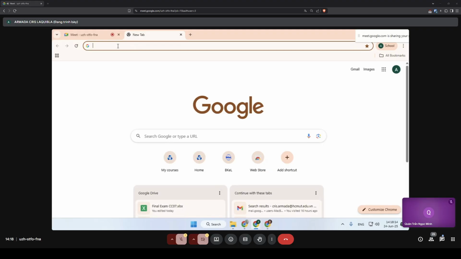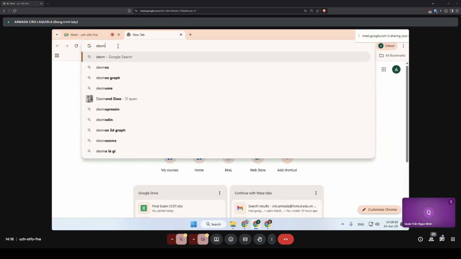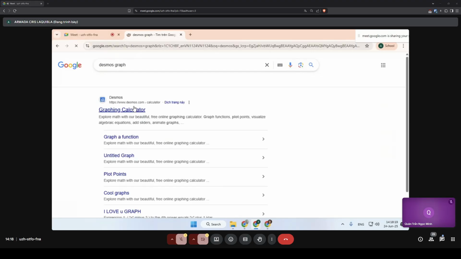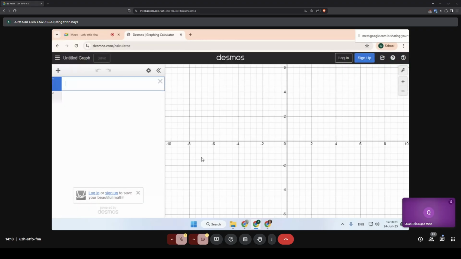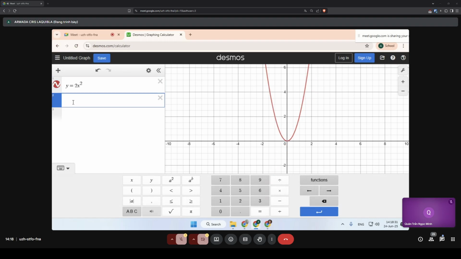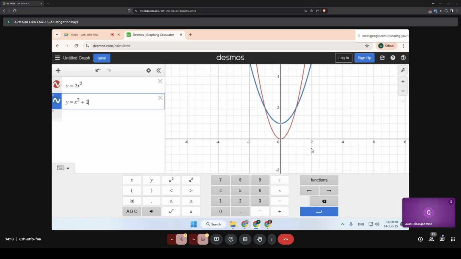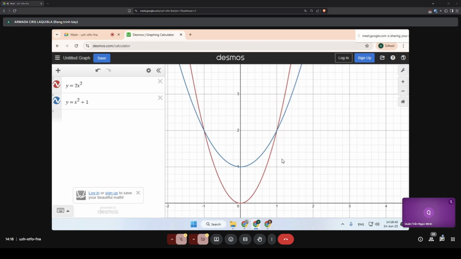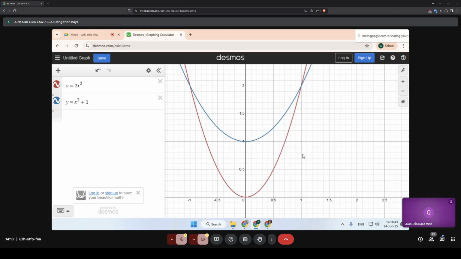We will graph it using the Desmos graphing calculator so that you can clearly see it. y is equal to 2x squared, and then here we have y is equal to x squared plus 1. Look at the graph here. The blue one is the x squared plus 1.